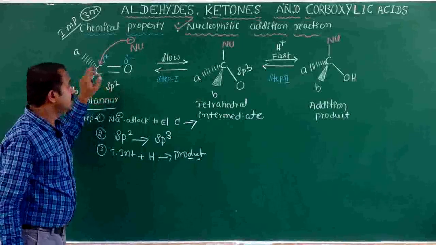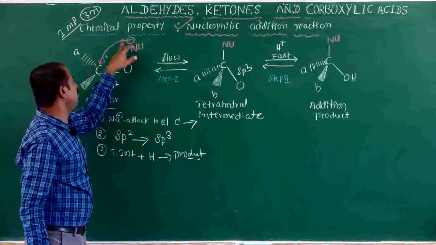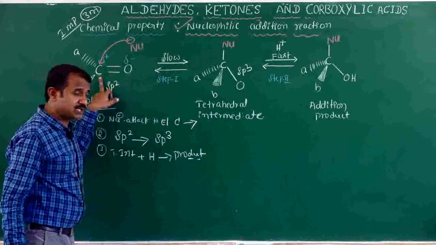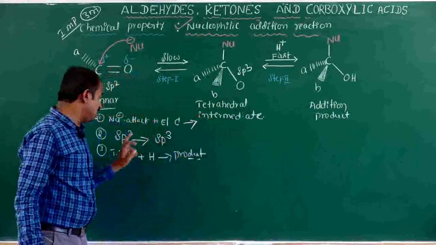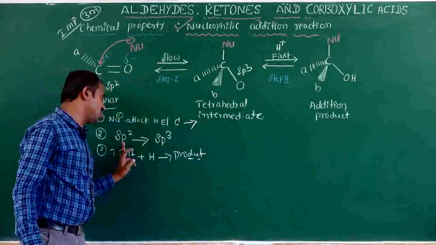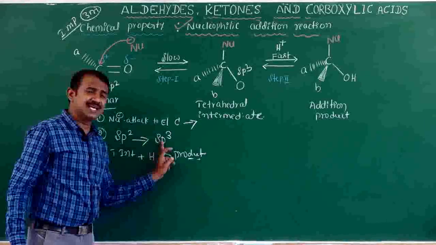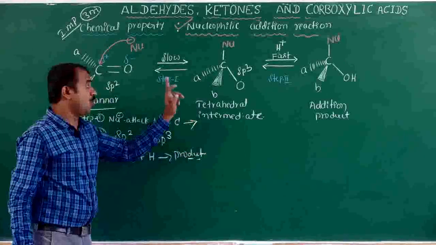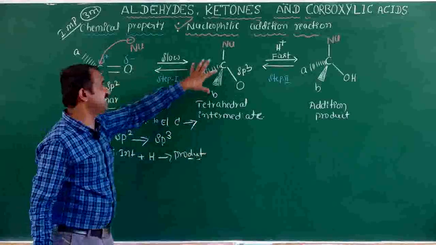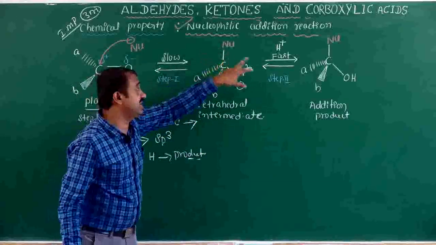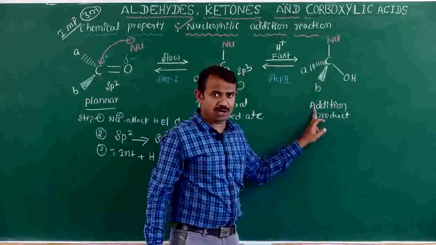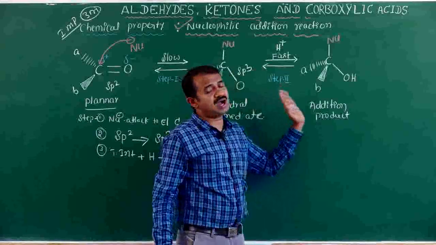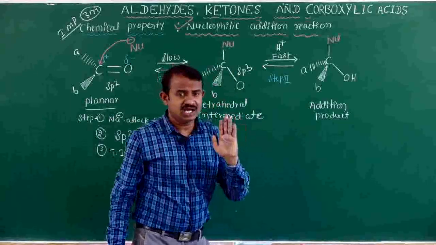Second, it forms a tetrahedral intermediate. Third, the hybridization is changed from sp2 to sp3. The tetrahedral reaction intermediate reacts with acid to form the hydroxy derivative product. This is the mechanism of nucleophilic addition reaction.